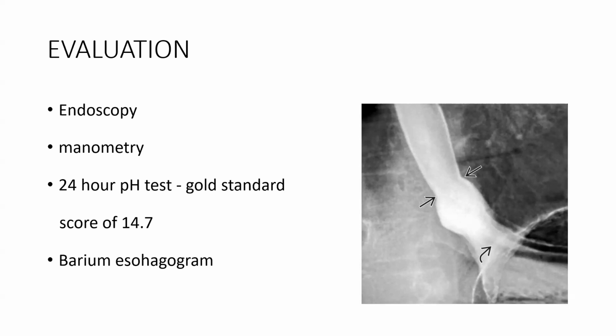Barium esophagogram also provides information regarding the esophagus and proximal stomach anatomy. This study may also discover anatomic abnormalities such as tumors and strictures. This was the only investigation in the pre-endoscopy era. Barium esophagogram. Continue.